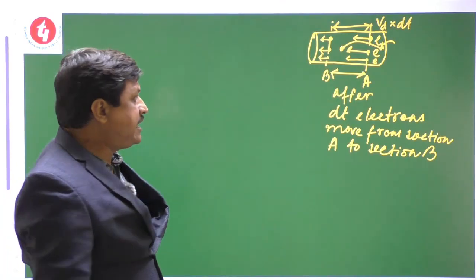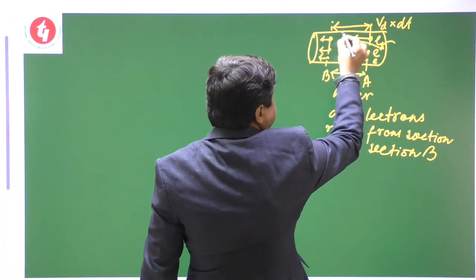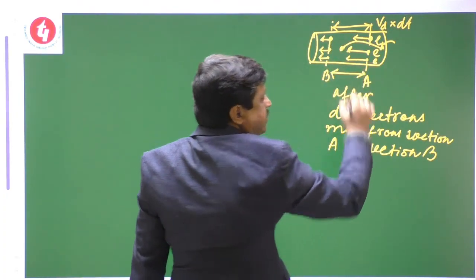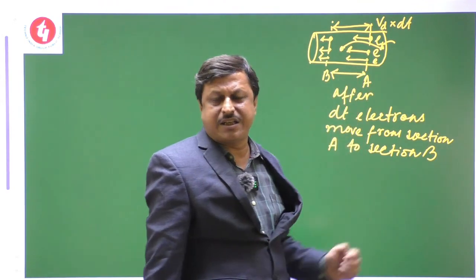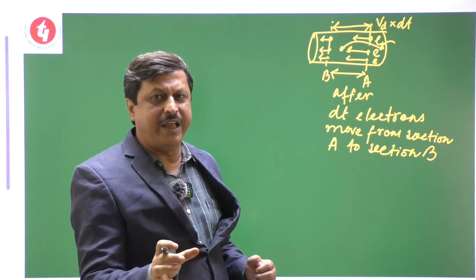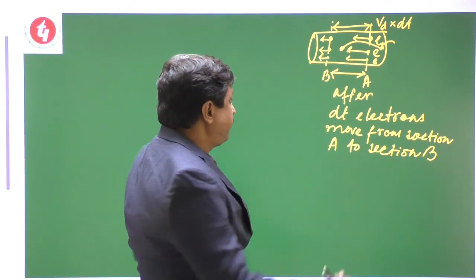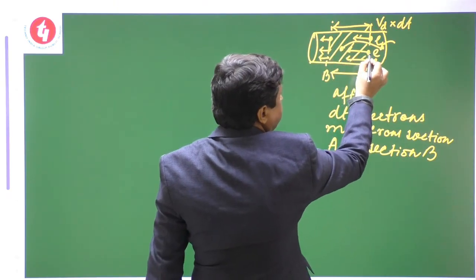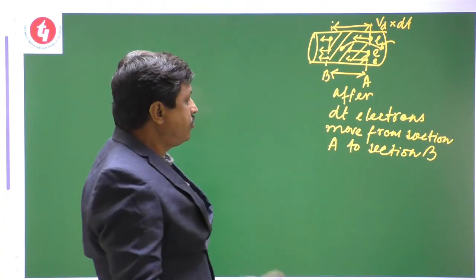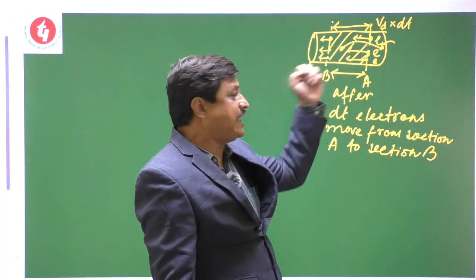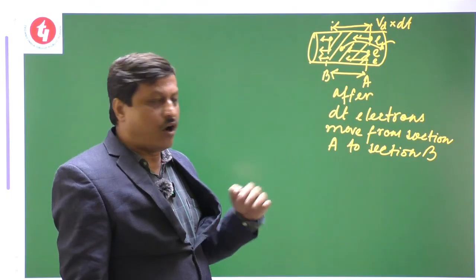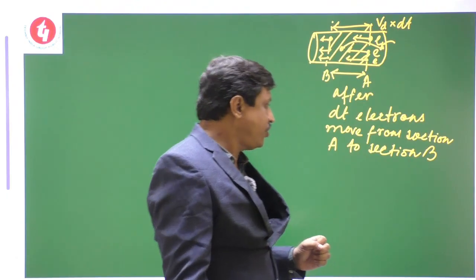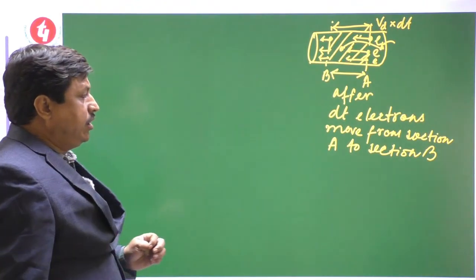That means in dt time, all the electrons situated in this portion, in this volume, obviously cross the A section in dt time, right? We can say that.